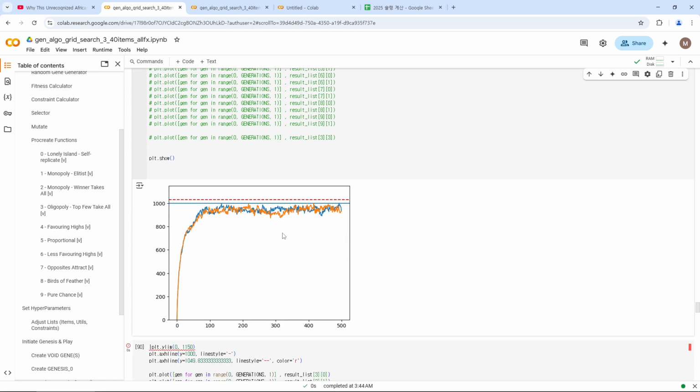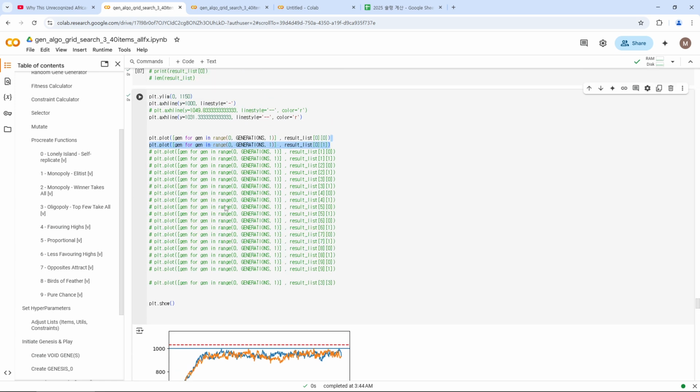And when I run that, I see that there are no dips here. However, it doesn't peak either.